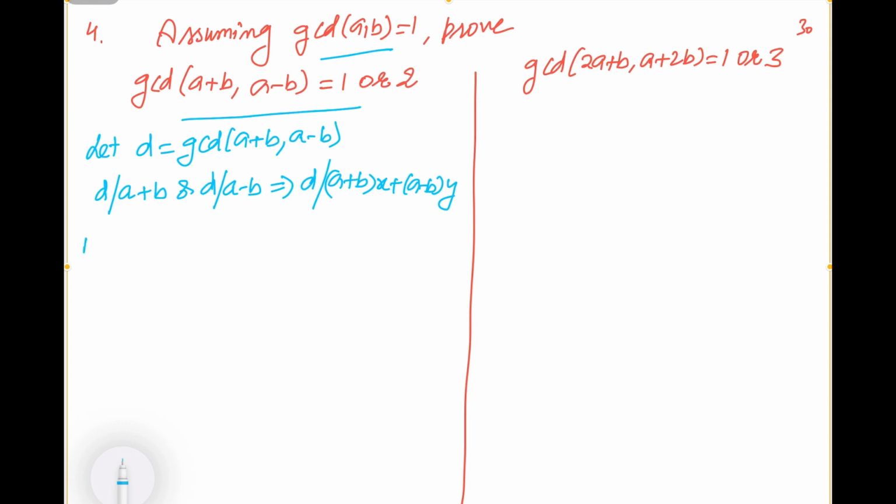For that purpose, first we put X is equal to 1, Y equals to 1.